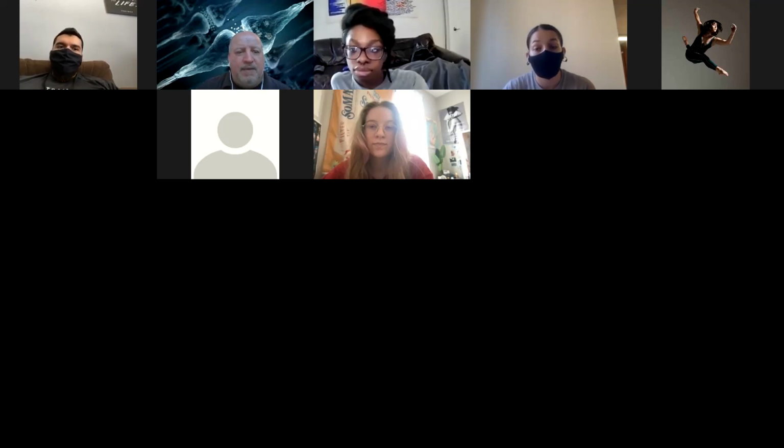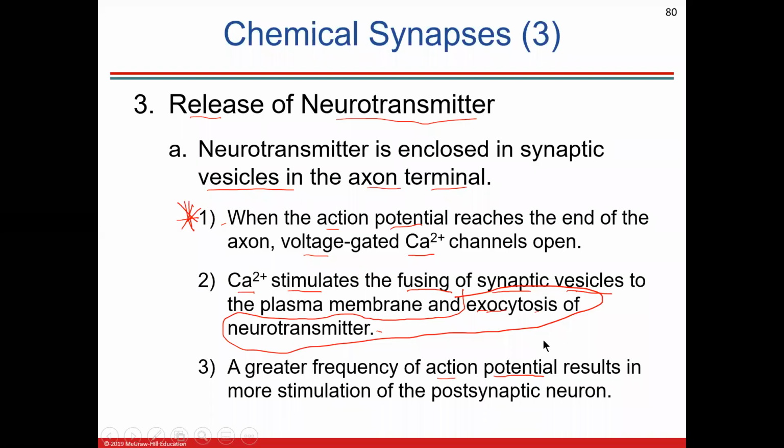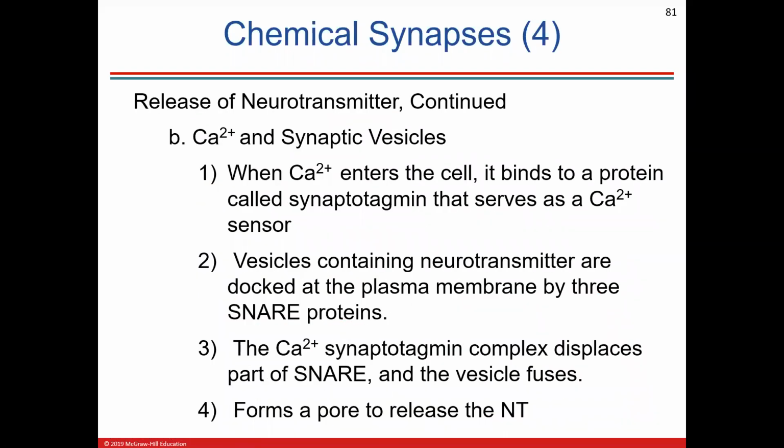Okay, how do I get back here? Let's see what else we have. Okay, calcium and synaptic vesicles. And we know calcium enters the cell, it binds to this protein, which is synaptotagmin, and serves as the sensor for calcium on the vesicle. So again, there are SNARE proteins docked on the plasma membrane, because vesicles basically have their own membrane.